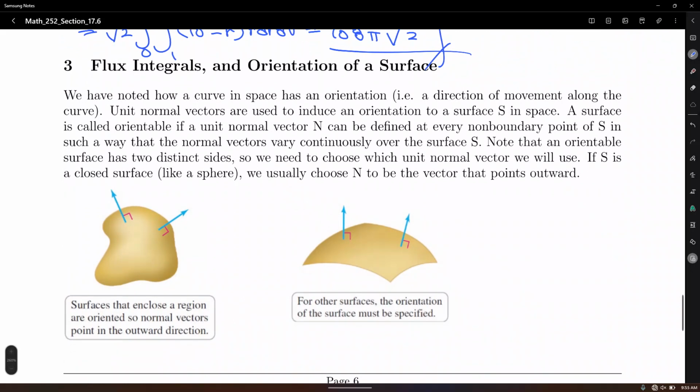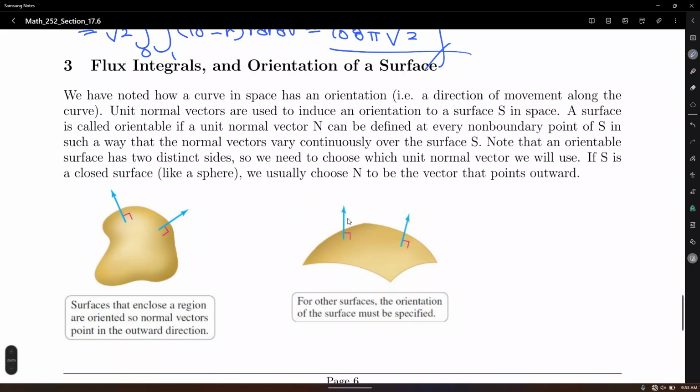What about surfaces? Surfaces can also be oriented, right? But how? They're oriented by their normal vectors. Now, there are two kinds of surfaces. Closed surfaces: think of the sphere, or an ellipsoid, those are closed surfaces.